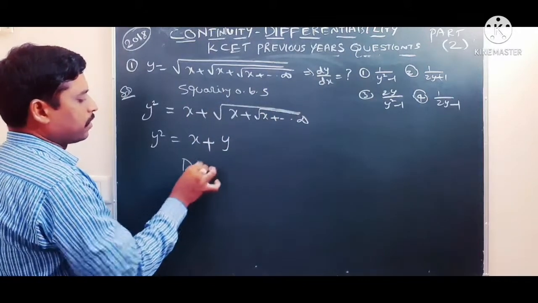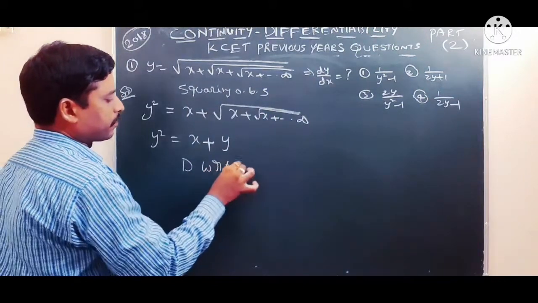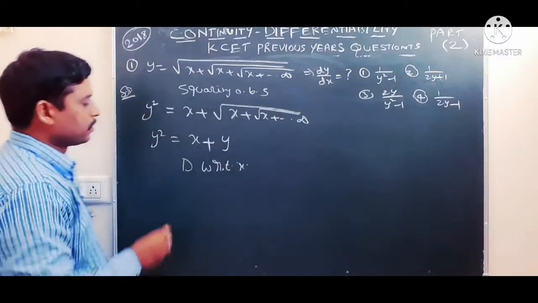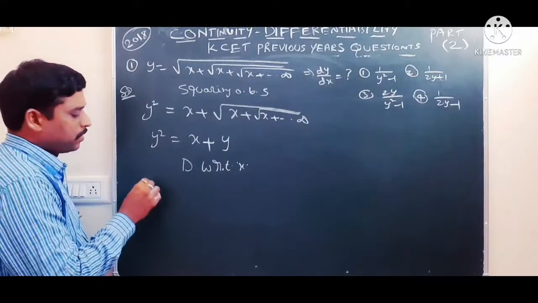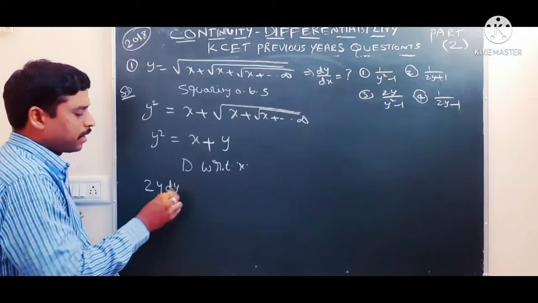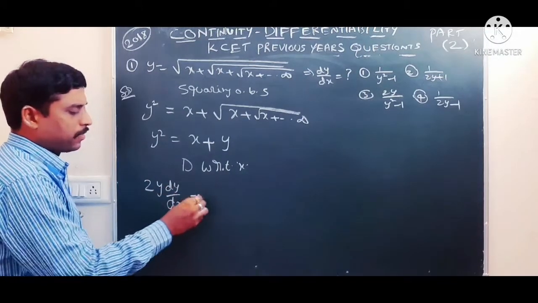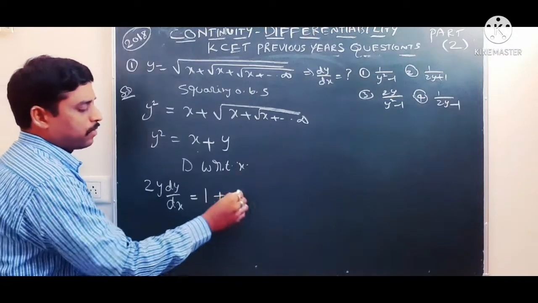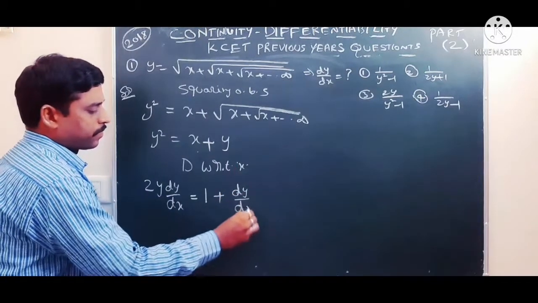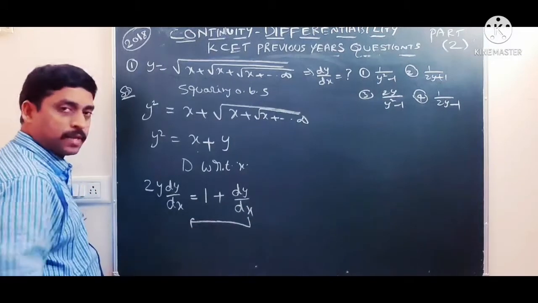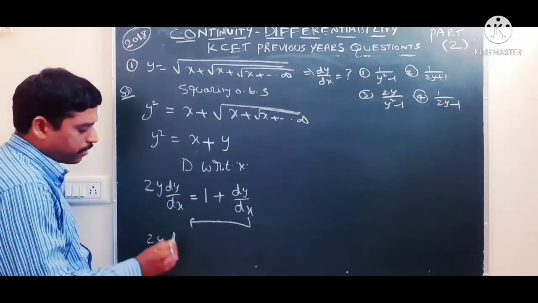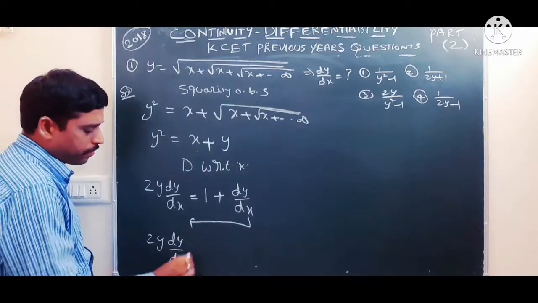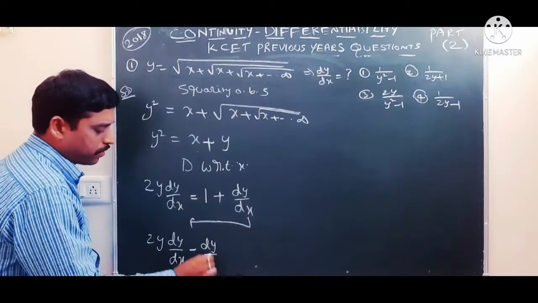So now derivative on both sides with respect to x. Derivative of y square is 2y dy by dx, and derivative of x we get 1, derivative of y is dy by dx. This dy by dx we bring to the left side: 2y dy by dx minus dy by dx is equal to 1.